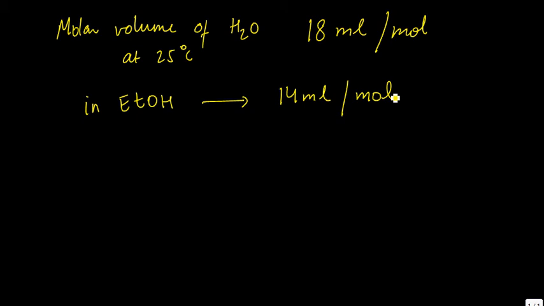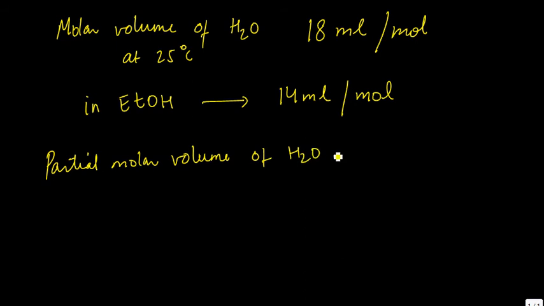So what we say then is that the partial molar volume of water in pure ethanol is equal to 14 milliliters per mole.